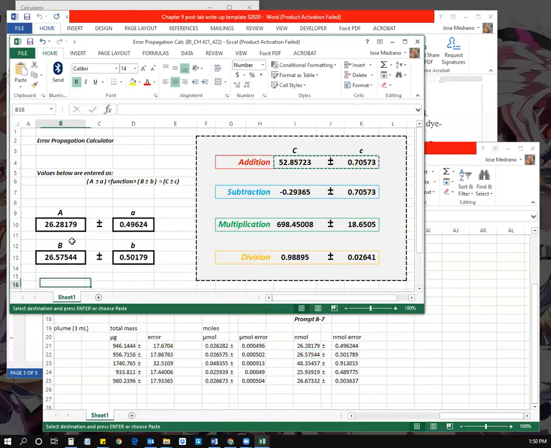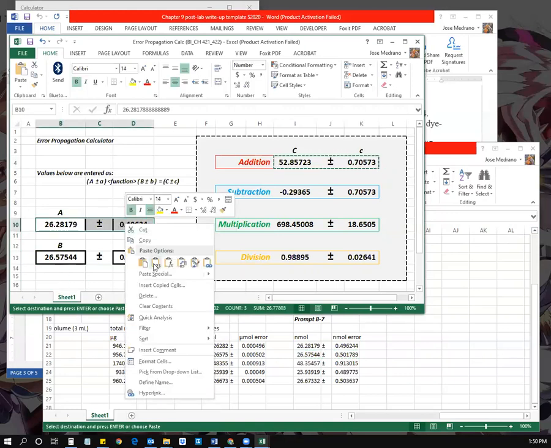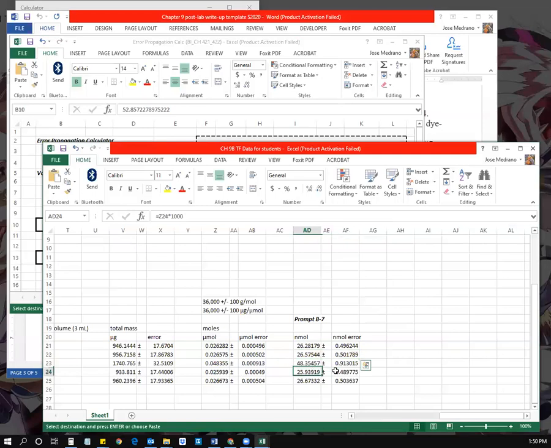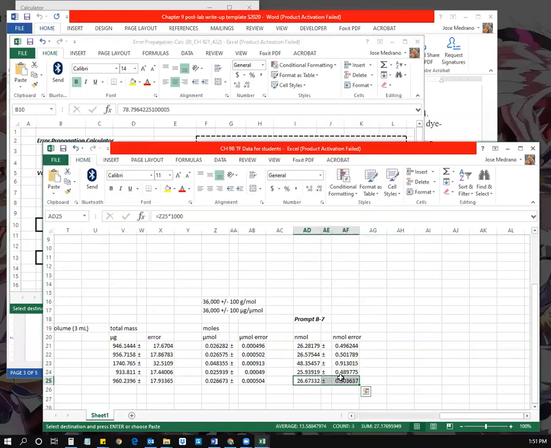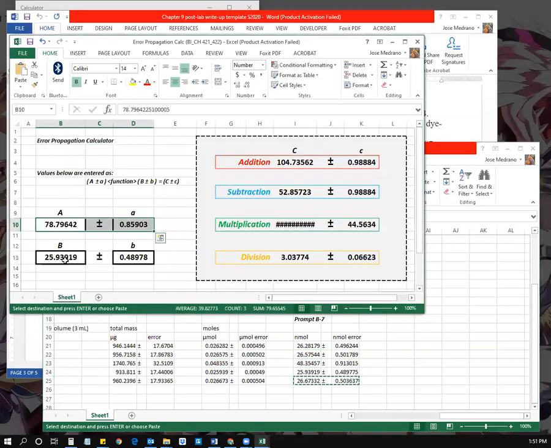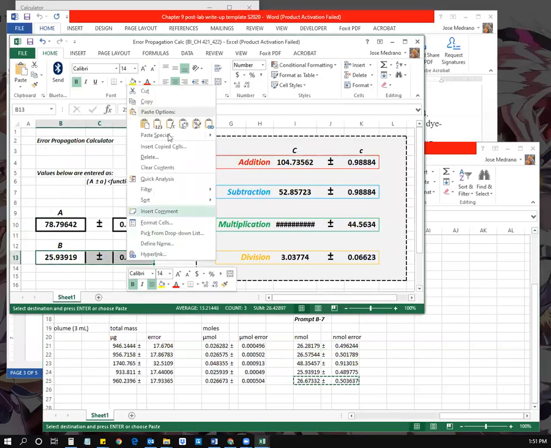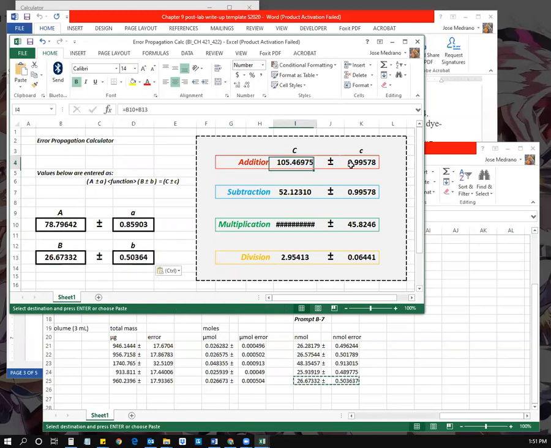Now I want to copy that, substitute it in for A, and then take the third value, copy that, put it in for B, and then just continue this like a little snowball effect. Take the result of that, put it in for A, and then finally put the last value in for B, take the result of this.